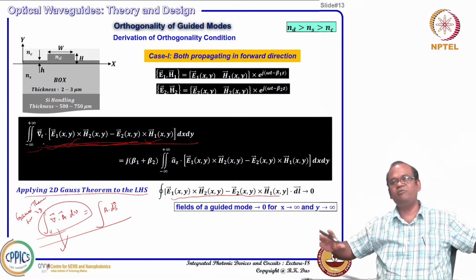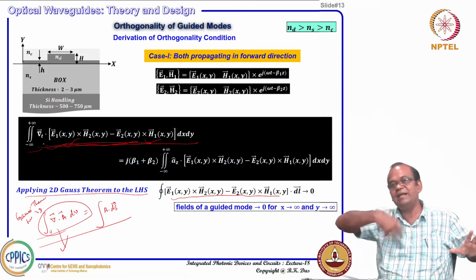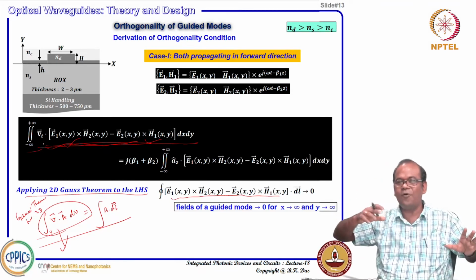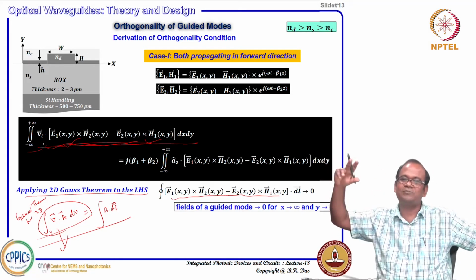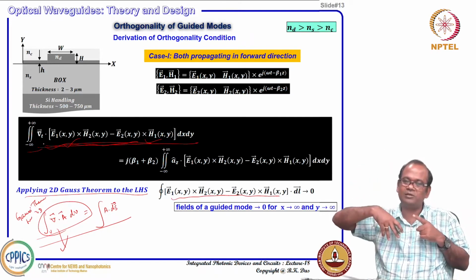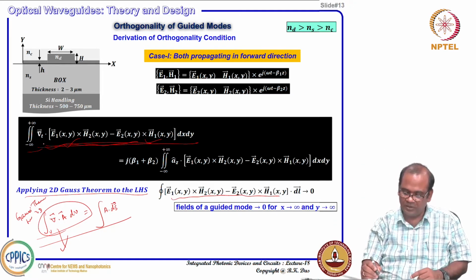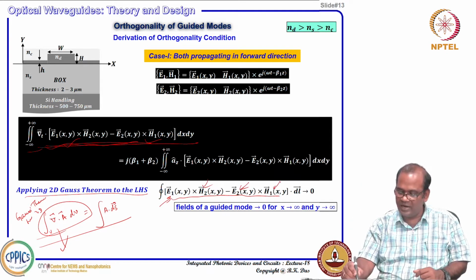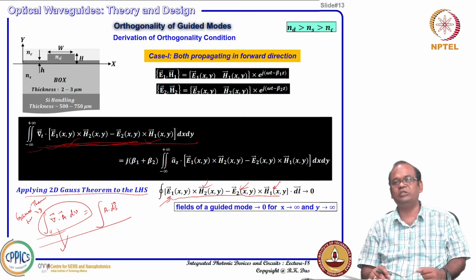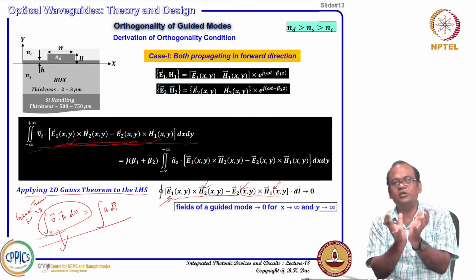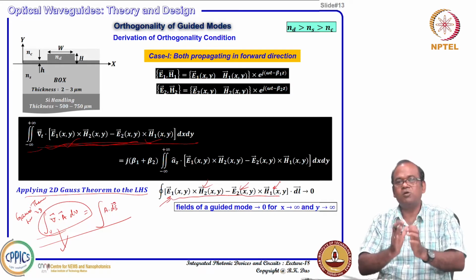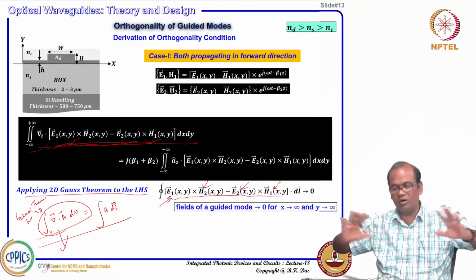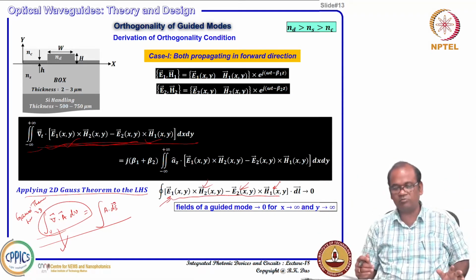When you reduce to the line integral, as x and y tend to plus or minus infinity, the fields E1, H2, if they are from guided modes, should be 0, because a guided mode is confined within the core. Far away from the core, x equal to plus or minus infinity, it will be 0.